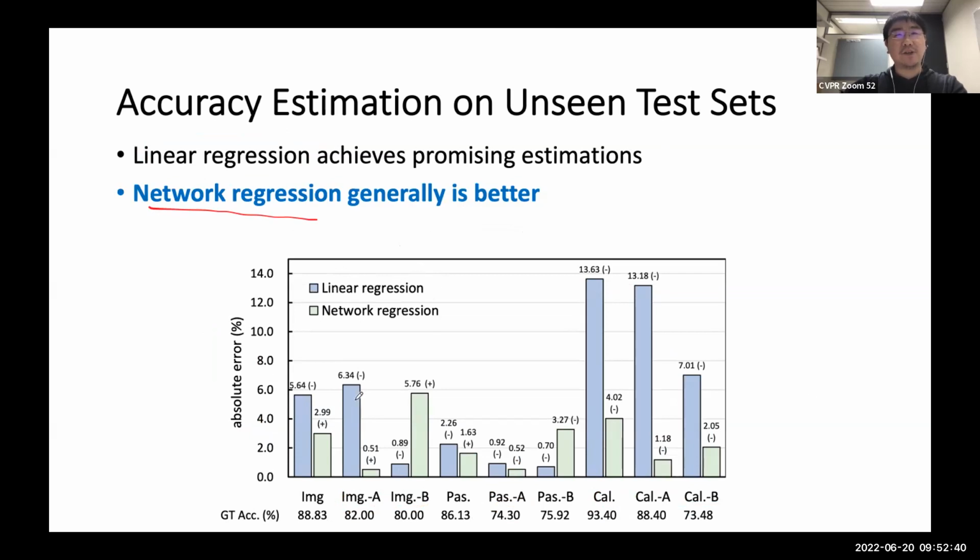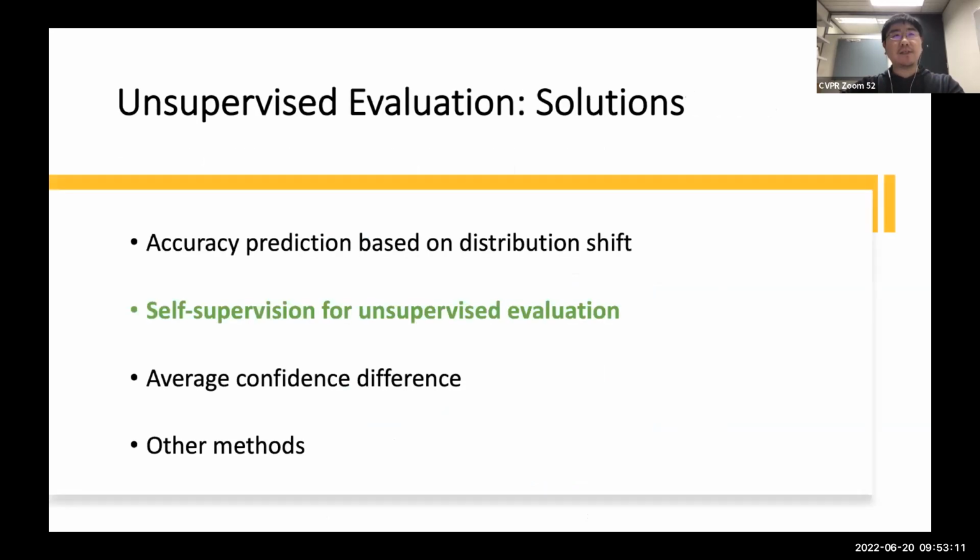In these figures, the green bar means the neural network regression, which is usually lower than the blue bar. This one is lower, and this one is slightly higher, which is not good. But usually neural network regression looks better. It gives a smaller error. Okay, so this is the first method I'm talking about, and I'm going to talk about a few others.